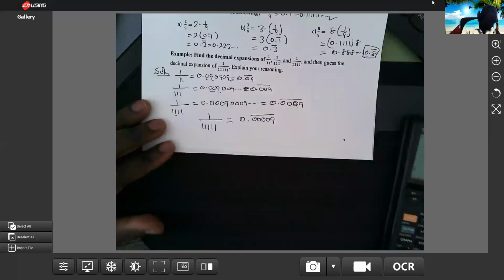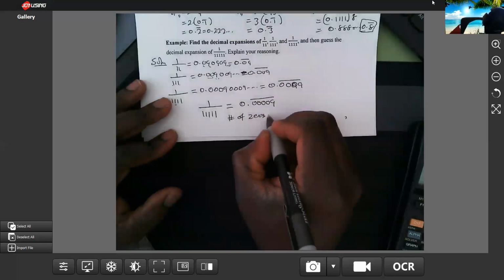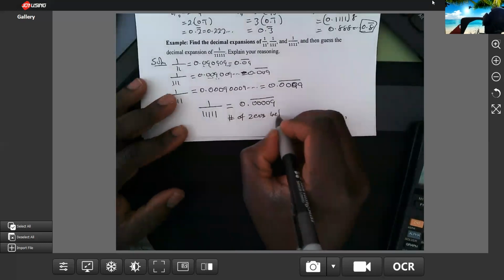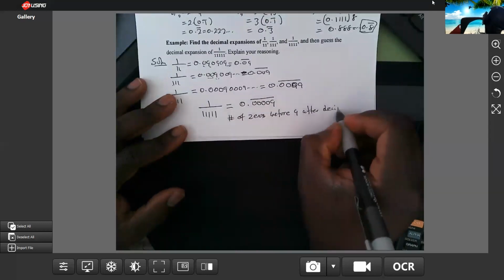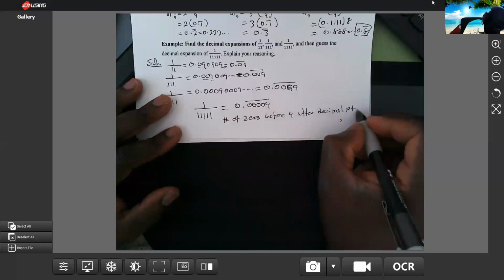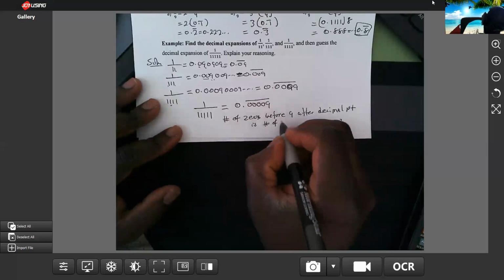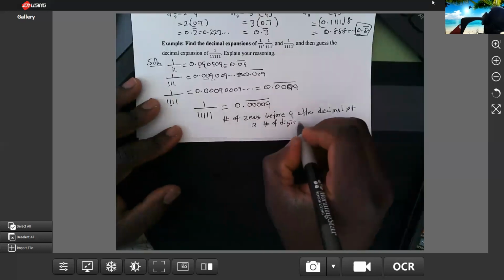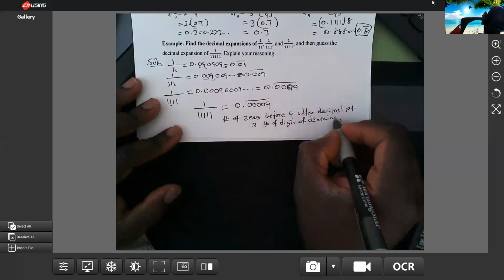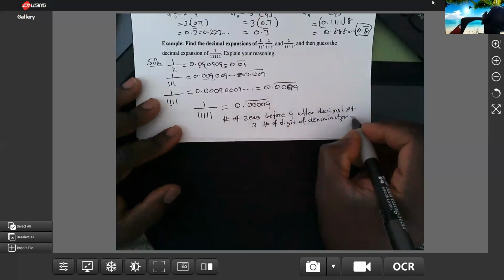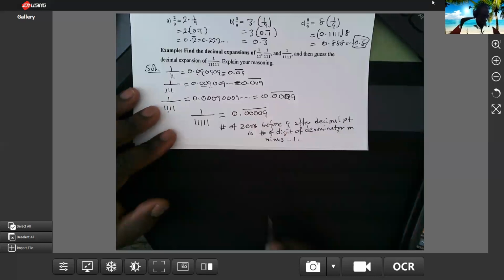So the number of zeros before the 9 after the decimal point is equal to the number of digits of the denominator minus 1. Okay, so that's the reasoning.